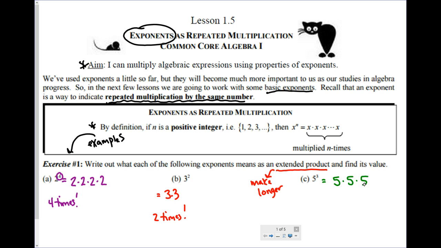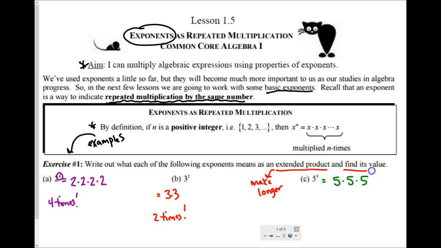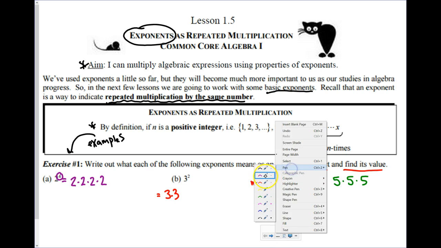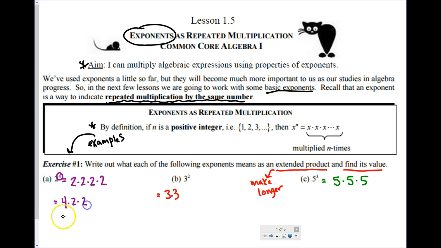Now if we take a look, the rest of the directions of this exercise say what? Then find its value. So I've done all the extensions, but now I have to find the value of these. So let's take a look at A. 2 times 2 is 4, times 2 times 2, which is 4 times 4, which is 16.